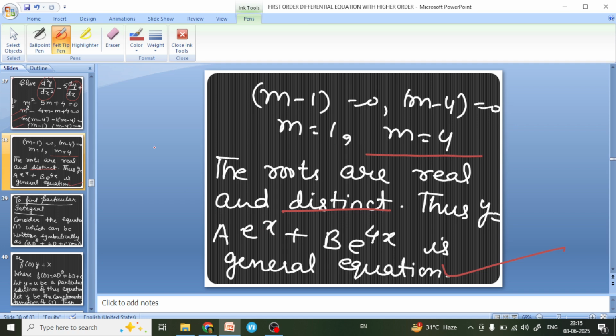The equation a e raised to power m1x plus b e raised to power m2x becomes a e raised to power x plus b e raised to power 4x. So that is how we write this equation.